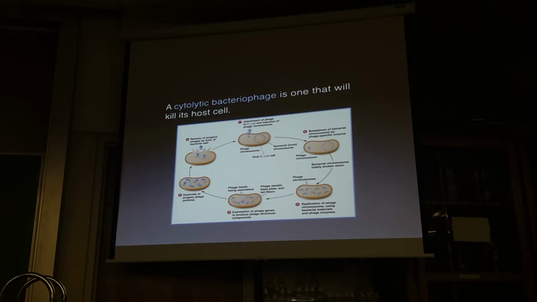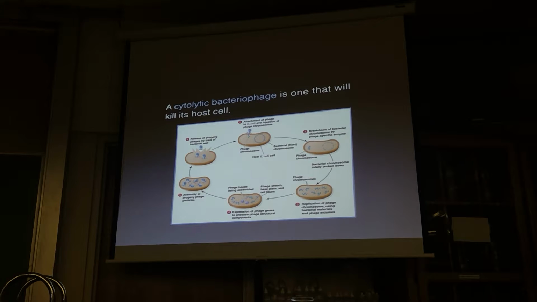This cardboard part is the capsid. This is the nucleic acid. This is the only part of the virus that actually gets into the cell. The rest of this is just packaging. So it has a nucleocapsid up here, and then it has a collar and a tail. This tail has a core and a sheath, and then it has a base plate, and it has tail fibers. People want to call those legs. They're not, they're tail fibers, but anyway. This is mostly packaging, and just the nucleic acid gets in.